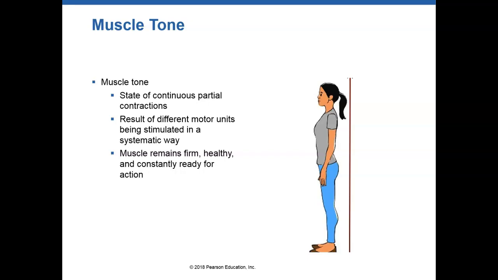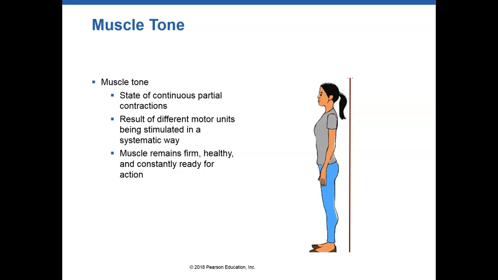To do this, you cannot continuously have one muscle fiber stimulated all the time, which is why we have multiple muscle fibers in any given muscle. And so we stimulate some of those muscle fibers to allow us to stay erect. And then we stimulate other ones the next time so that our muscles can constantly have a relaxed period in between the stimulation.